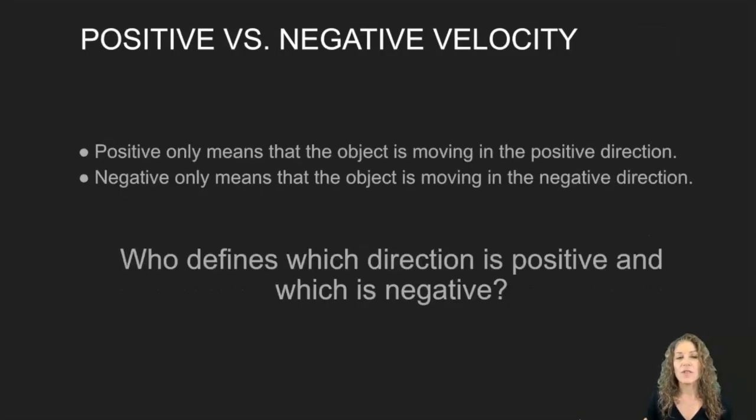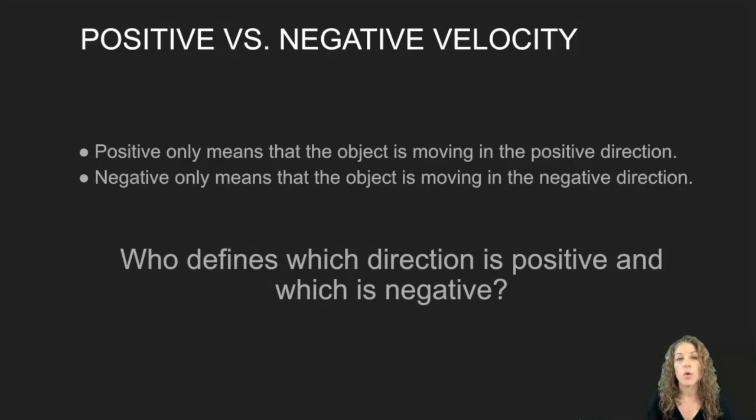The signs of velocity depend on which way you make positive. So when we talk about direction, we give something a sign. We make up that to the right is positive, east is positive, up is positive, therefore down would be negative, west would be negative, to the left would be negative.